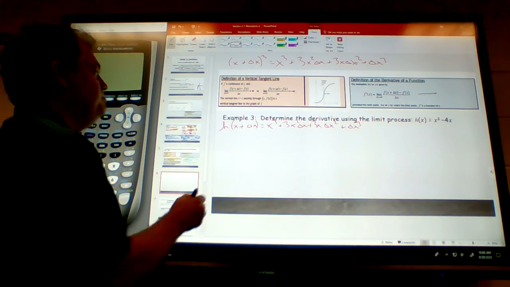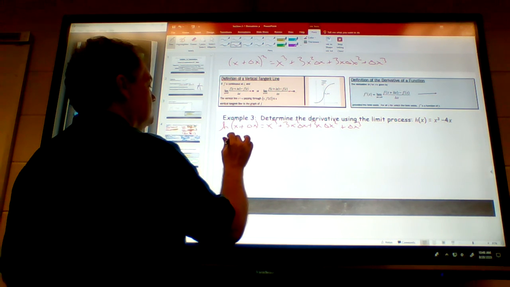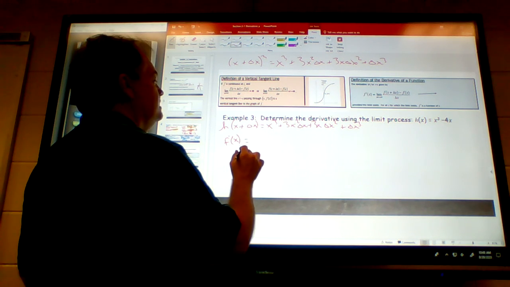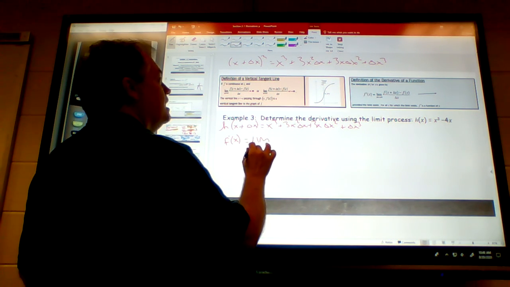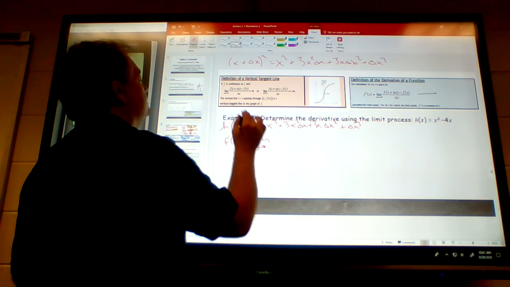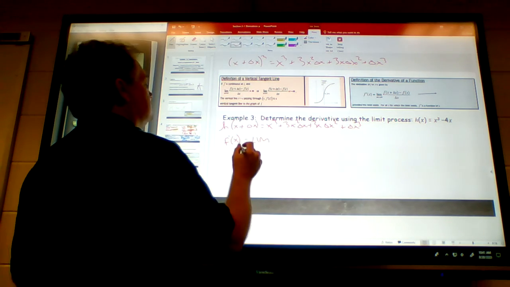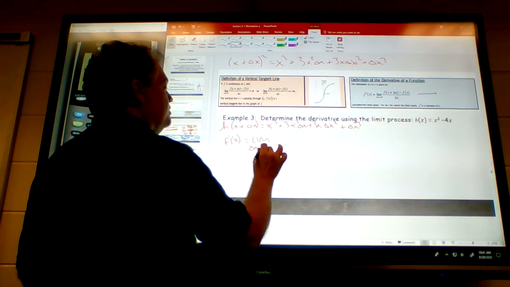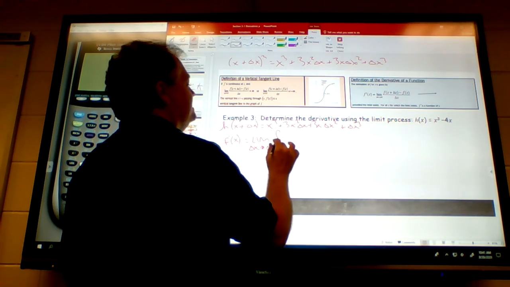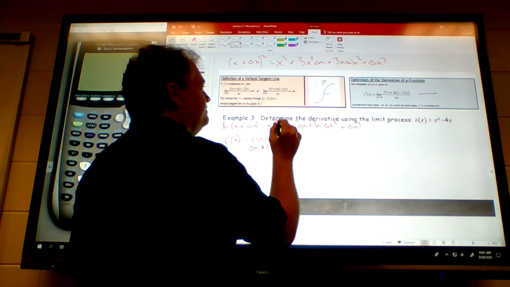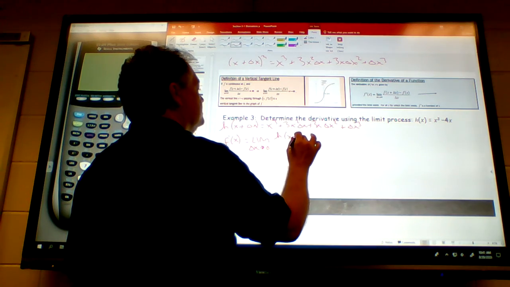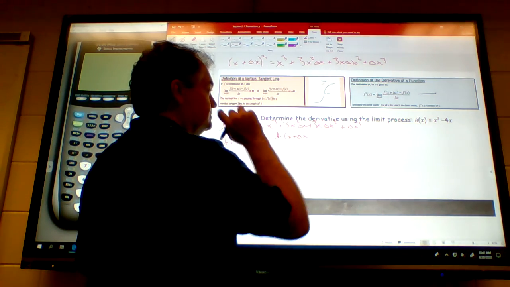Now, f prime equals the limit as delta x approaches 0 of, in this case, h of x plus delta x.